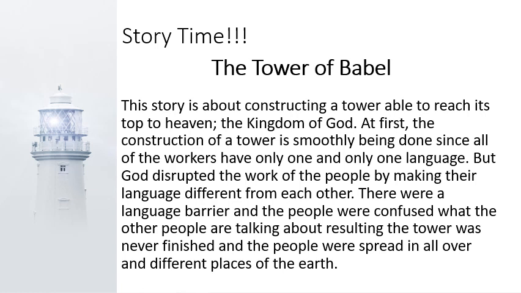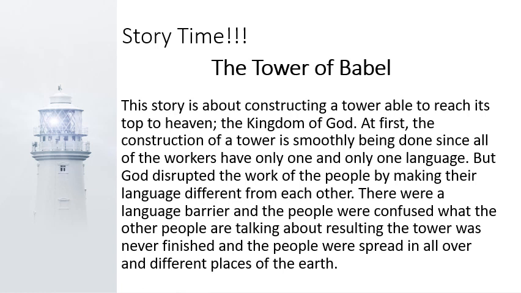At first, the construction of the tower is smoothly being done since all of the workers have only one language. But God disrupted the work of the people, making their language different from each other.